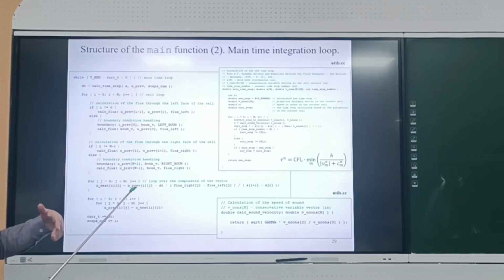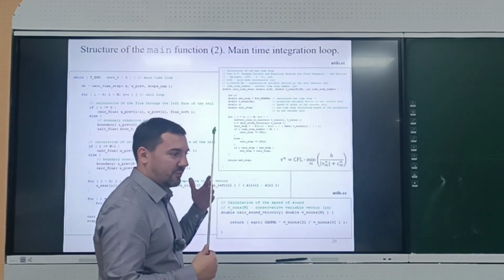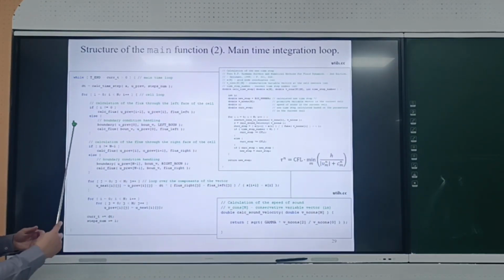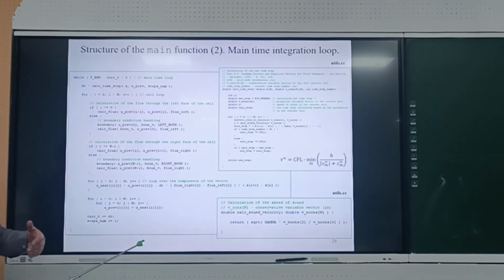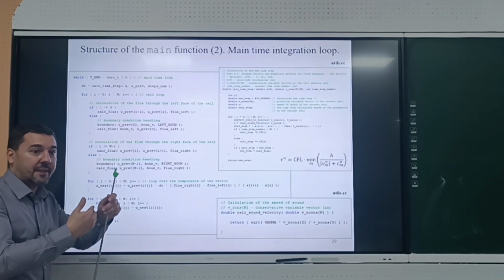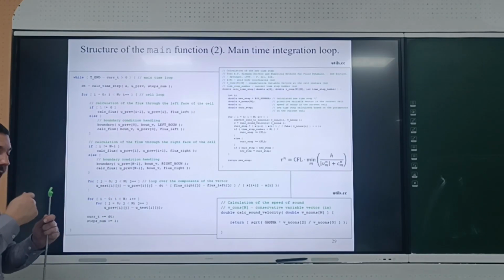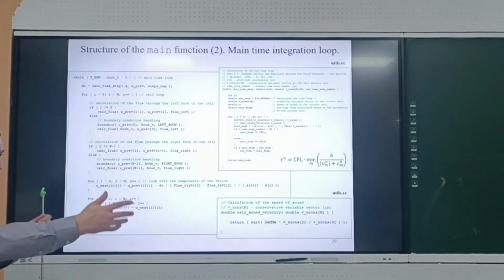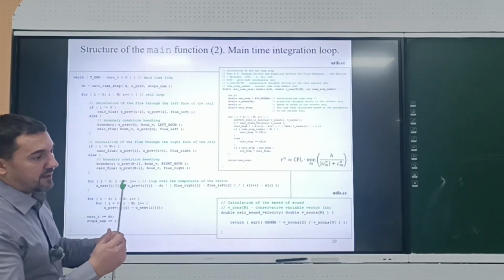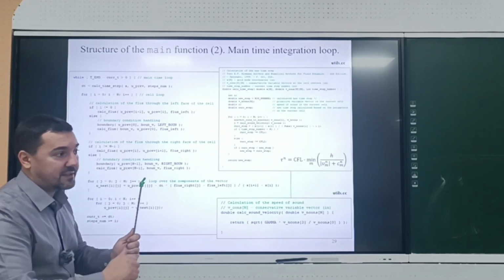So if you want to do research, not just study how to do that, you should rewrite this program with a cycle not over computational cells, but over computational edges. Then you need to compute the flux only one time, collect all these numerical fluxes in an array, and at the end add each flux with different signs to neighboring cells.